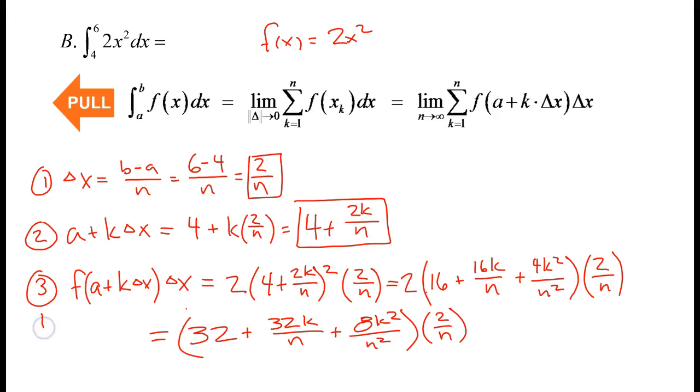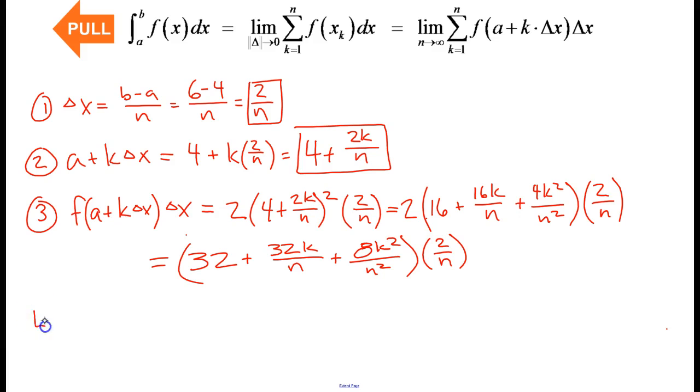We're just going to rewrite our original integral. We had the integral from 4 to 6 of 2x squared dx.